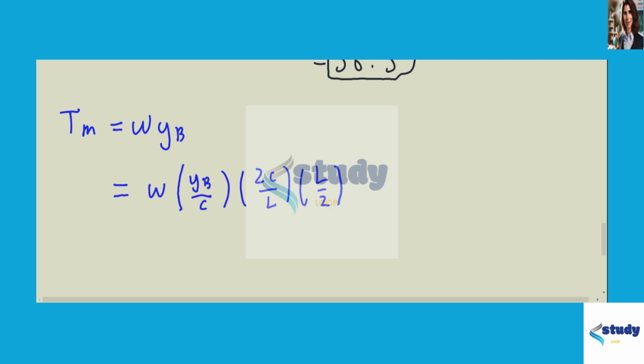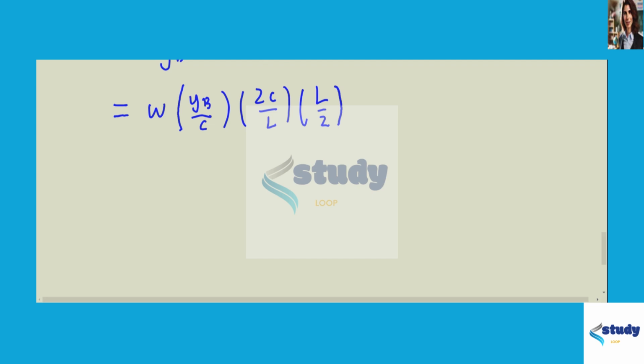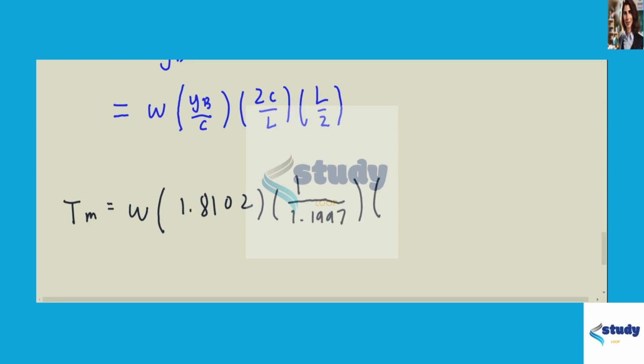And we can plug in the known values. So Tm is equal to W times 1.8102 times 1 over 1.1997 times L over 2.